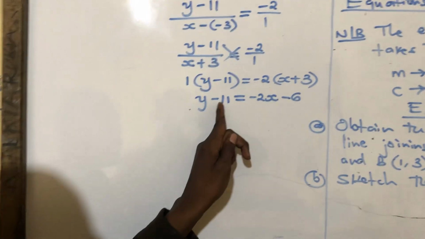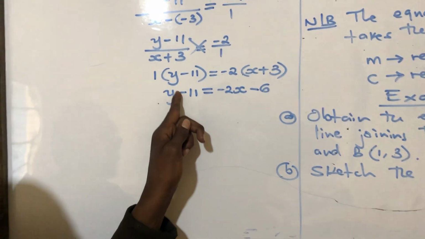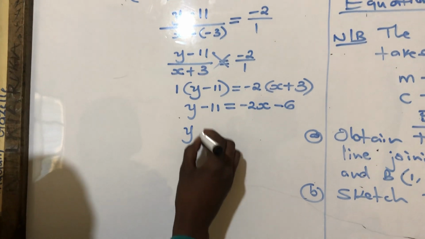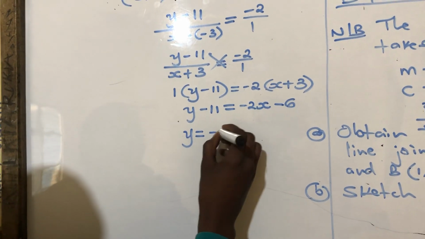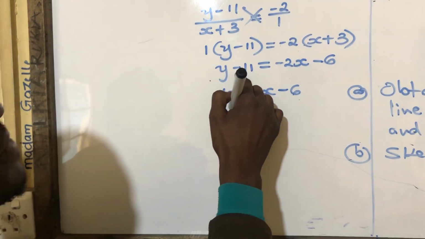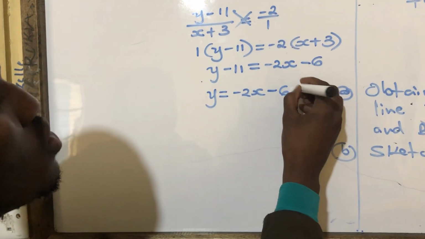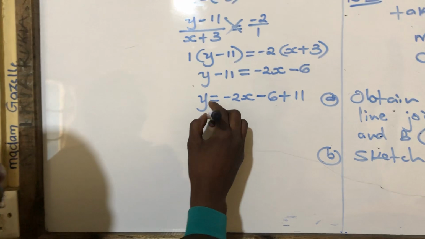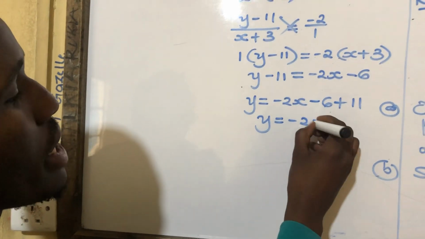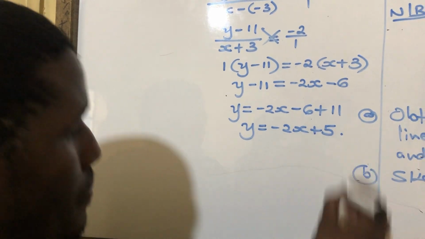The -11 will then cross over to the other side of the equal sign, giving us y is equal to -2x minus 6. The 11 crossing over to the other side would become a positive. Our equation will then become y is equal to -2x plus 5.